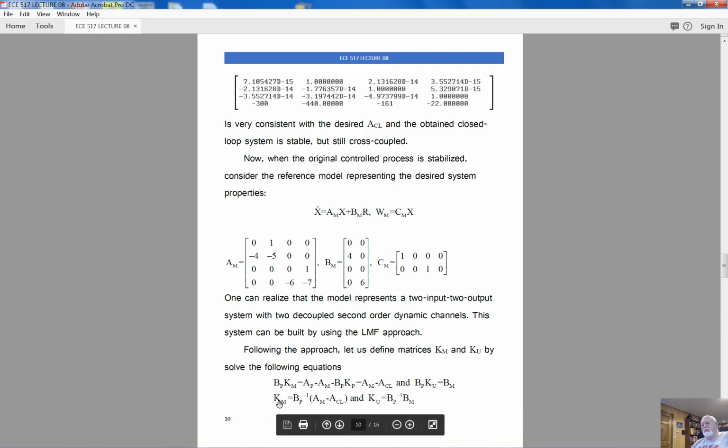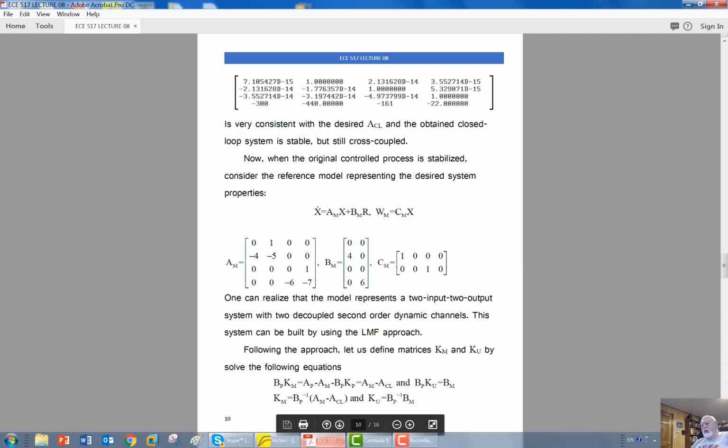This is solution. Since matrix BP is a square matrix, we can define Km using the inverse of BP. And we define matrix Ku based on the fact that matrix BP is square and we can invert it.